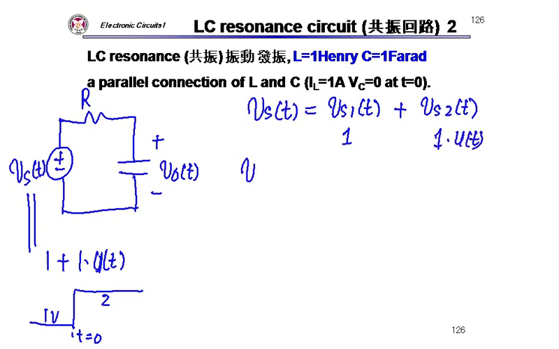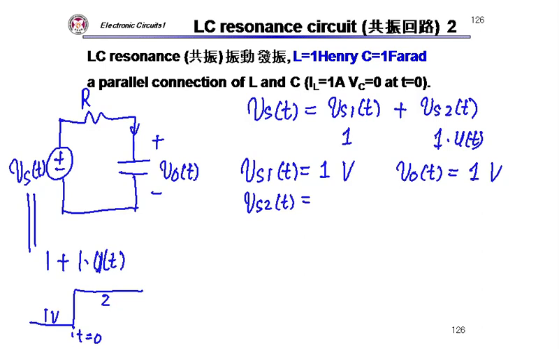If my Vs is 1 volt, just DC, what's my vo(t)? This is DC, current is 0, right? Open circuit. So my Vo should be just 1 volt. If my Vs is just 1 u(t), my vo(t) should be 1 minus exponential minus t over RC, u(t), right?